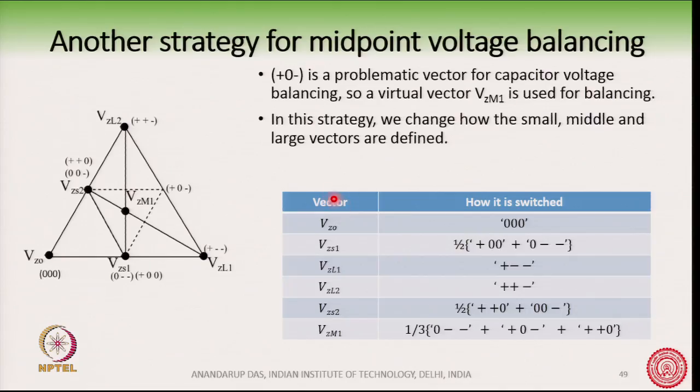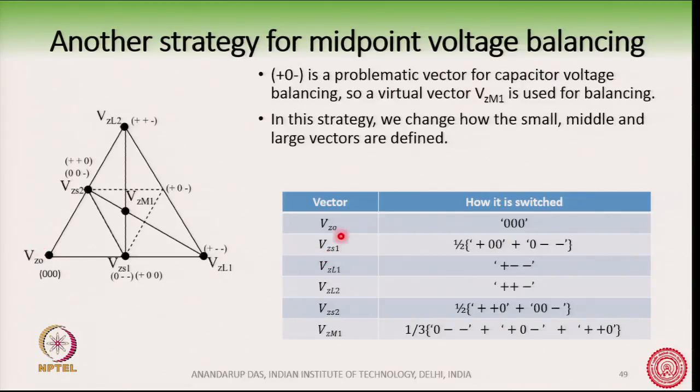So, this redefinition of vector is given like this. So, let us see what are these vectors. V z 0 is this vector which is switched with 0 0 0 combination, okay, plain and simple. In this strategy we are not going to use the plus plus plus or minus minus minus. So, we are going to use the V z 0 0 0 and indicate the V z 0 here. Okay.